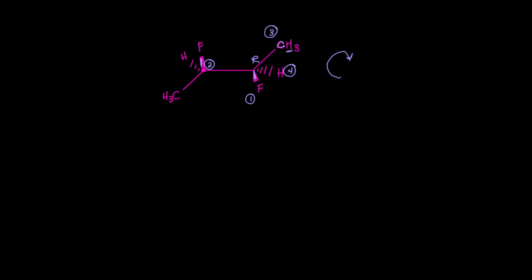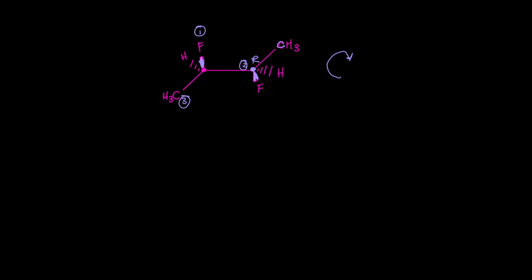And then let me delete this. I'm going to go over to this fluorine. So that's going to be 1. This carbon right here that's connected to the fluorine that we just handled is going to be number 2.